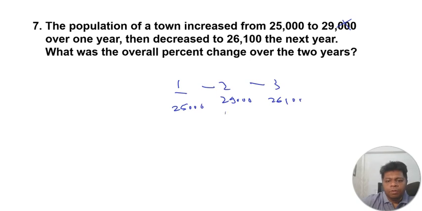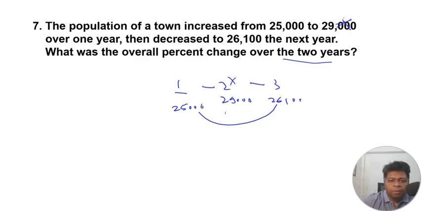Now I have to do the computation based on these two values, because that is what is asked here over 2 years. So I can ignore this value. This is the complexity of the question, and GRE tests whether you can discard data and take the important and relevant data. Okay, so this would be of no use.